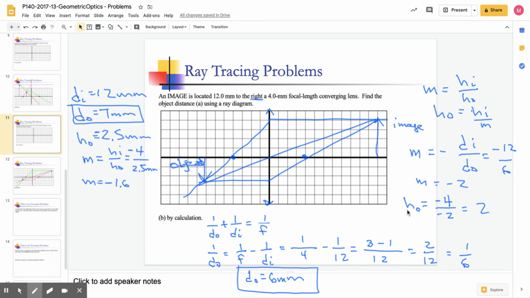That makes sense, though, because the height of my object is always positive, and the height of my image is a negative 4 because it's inverted with respect to my object. So the height of my object is equal to 2 millimeters. They're pretty similar. My drawing wasn't the best on that one, so that's what gives me some of the error in my answers.